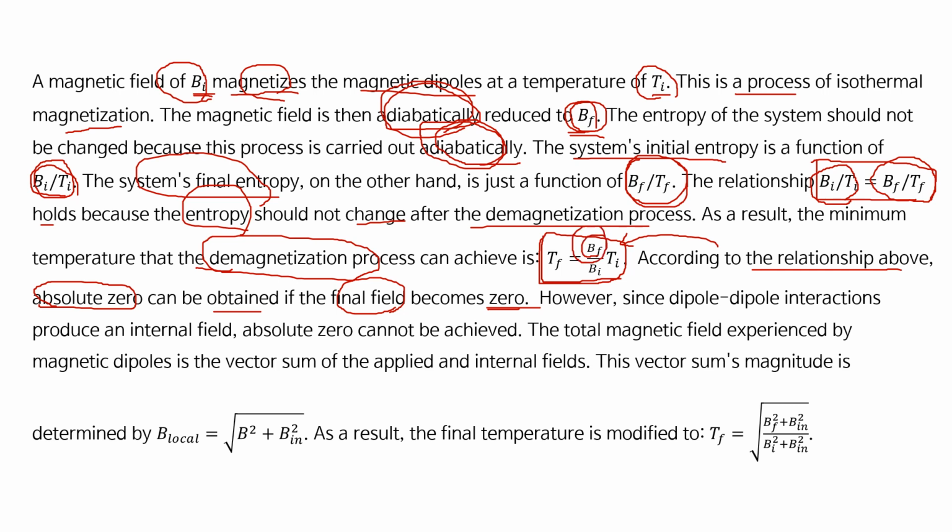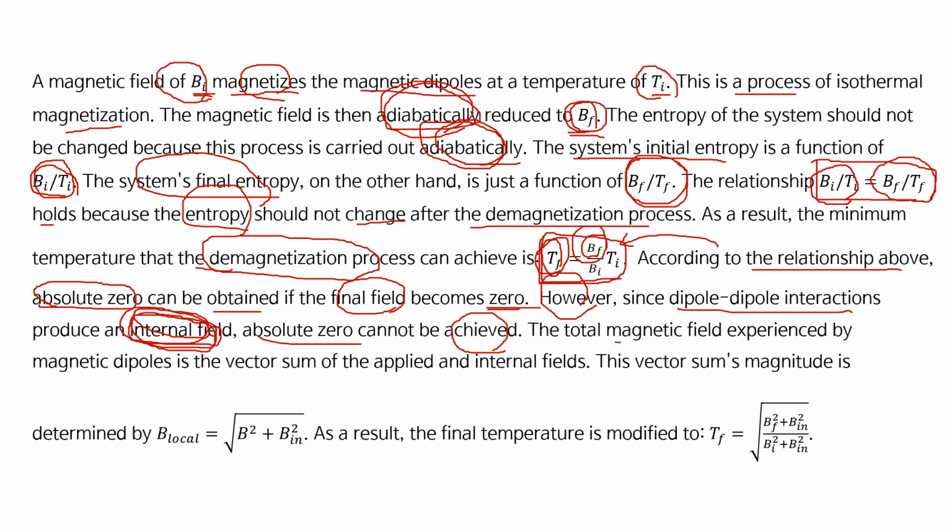So we can have absolute zero temperature. However, that's not possible because dipole-dipole interactions produce an internal energy, an internal field. So the internal field is still there even if we shut off the external magnetic field. So absolute zero cannot be achieved.